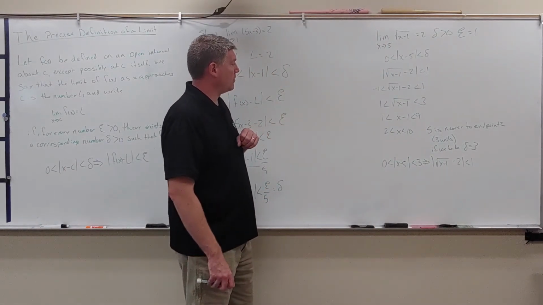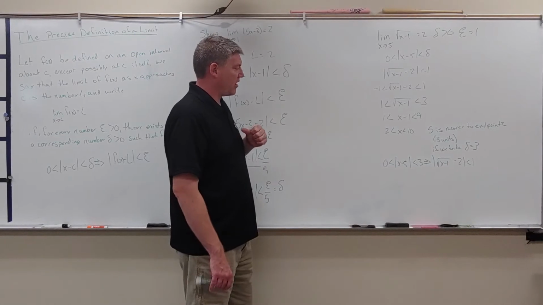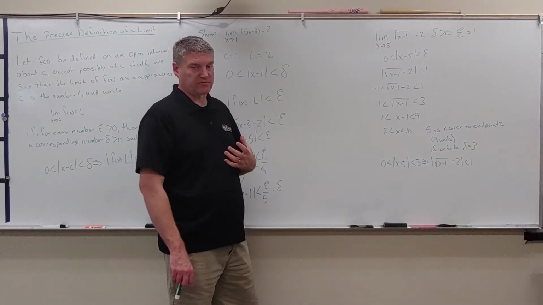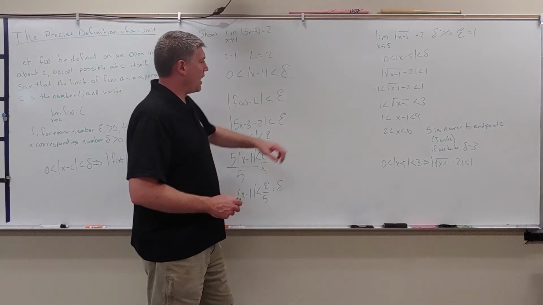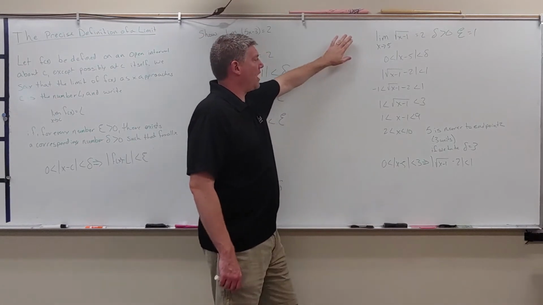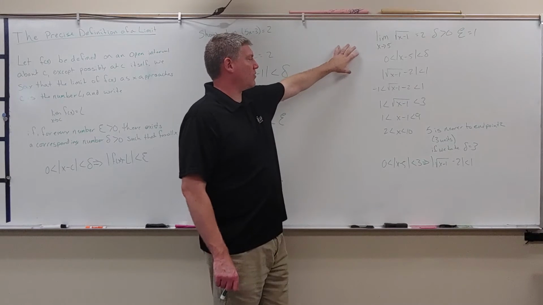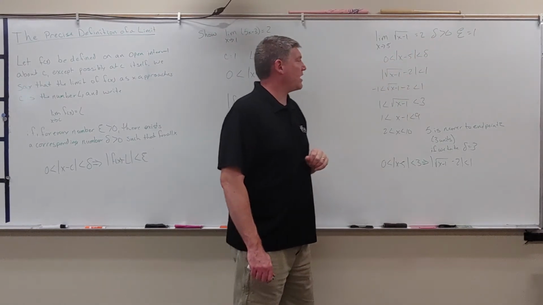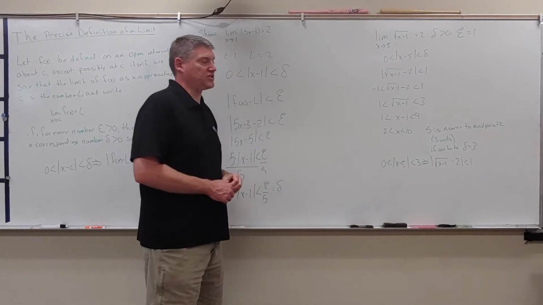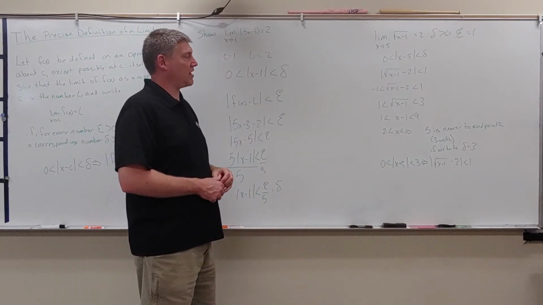Now we're going to look at our next piece using this formal definition of a limit. Okay? So the limit of the square root of x minus 1 as x approaches 5 is 2. We want to find a delta greater than 0 for an epsilon that's equal to 1.